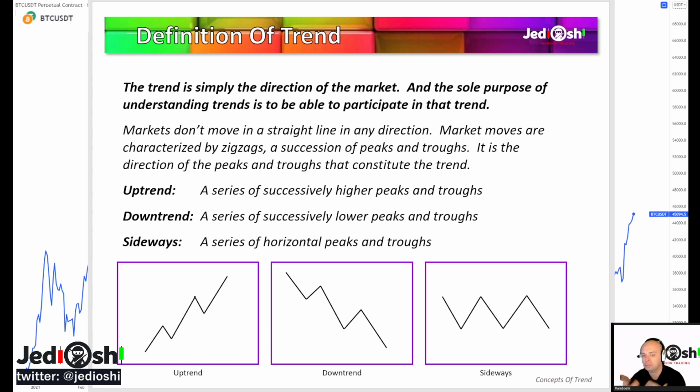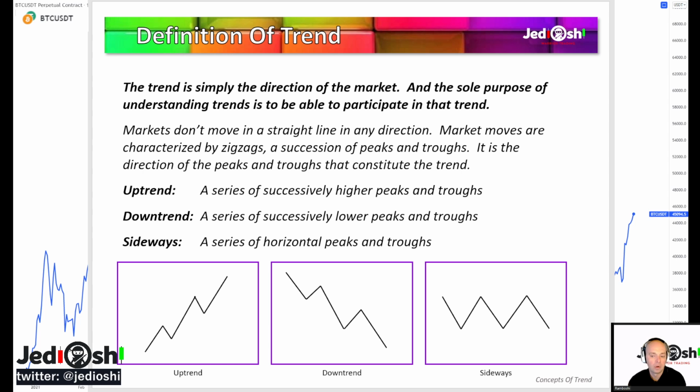So we know, I hope so, and if you don't, the definition of an uptrend is a series of successively higher peaks and troughs. Conversely, the definition of a downtrend is a series of successively lower peaks and troughs. So the third way is sideways. And sometimes you hear this, we're either up, down, or sideways, right? But those are the three directions of a market.